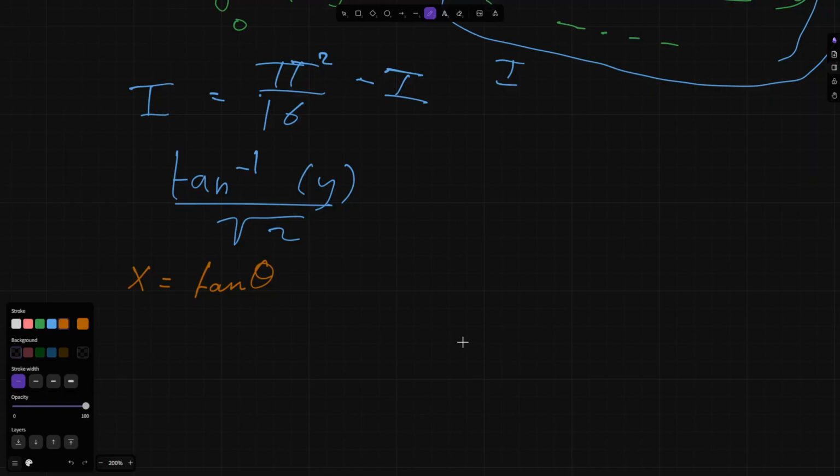The algebra, let's simplify it to this state, which is going to be I plus, let's say, a correction term, let's call it CT here, equal to 5 pi square over 48.